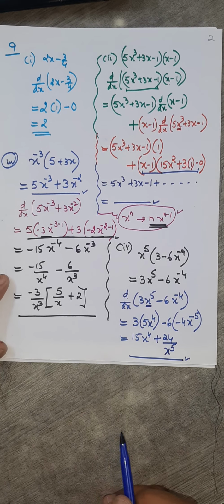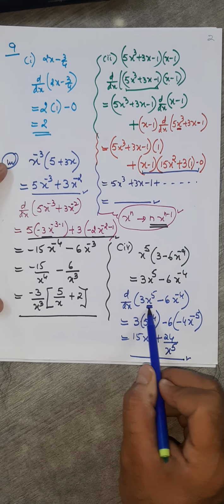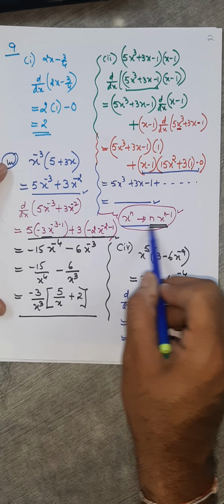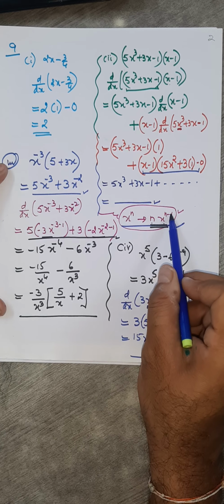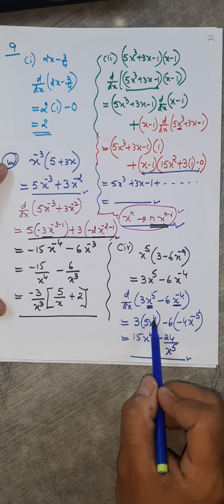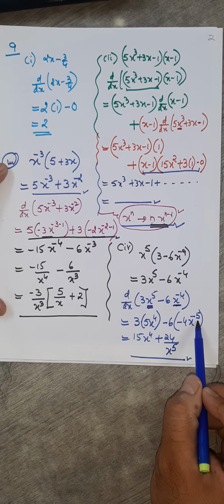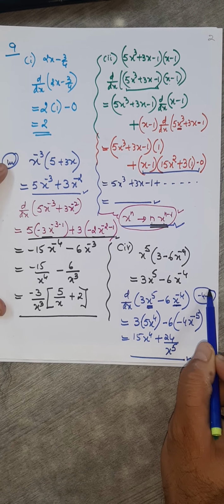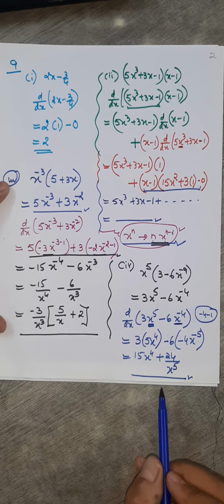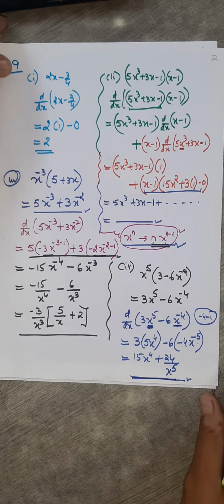That's derivative here. Over here as well as over here, we have used the same formula. Derivative of x raised to n is n into x raised to n minus 1. 1 less power 4, here 1 less power, so minus 4 minus 1, so we'll get minus 5. That is the required derivative.